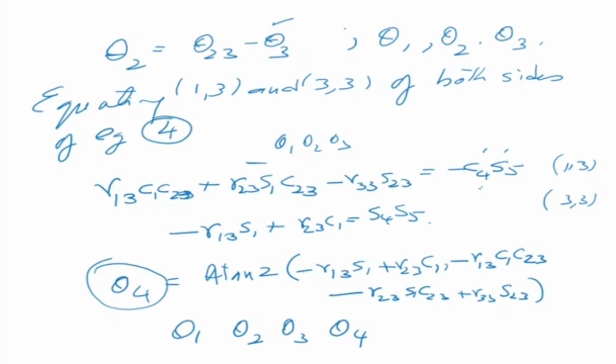Okay, what are we left with? Theta 5 and theta 6. Now again, we observe these equations and find that if you remove from the left hand side, that means on the right hand side, if you just keep the variables 5 and 6, and on the left hand side we bring theta 1, theta 2, theta 3, theta 4, because they're all known.